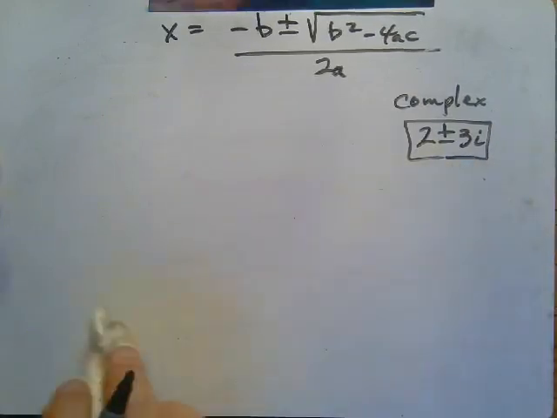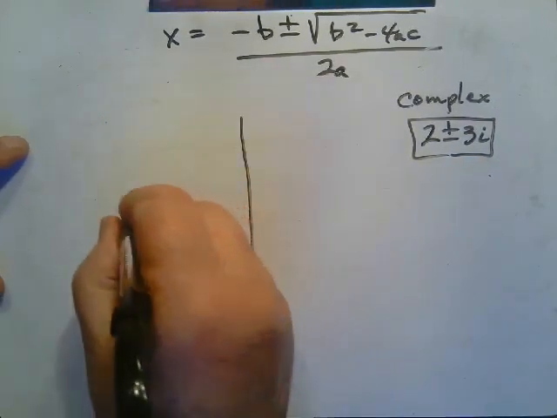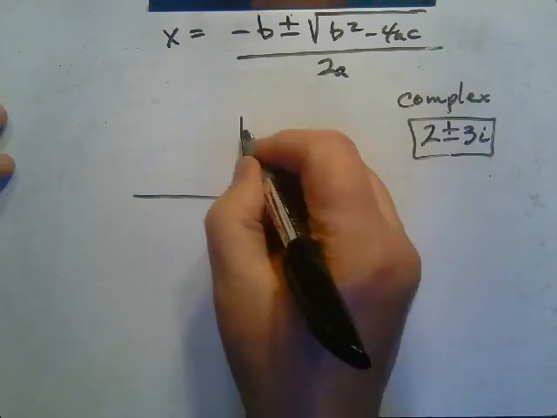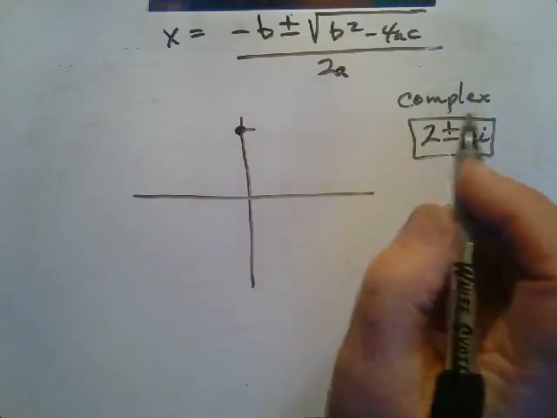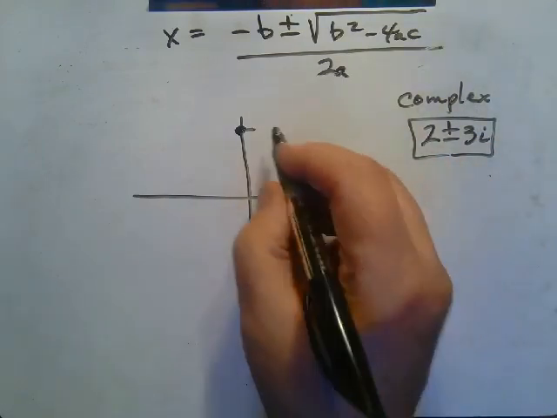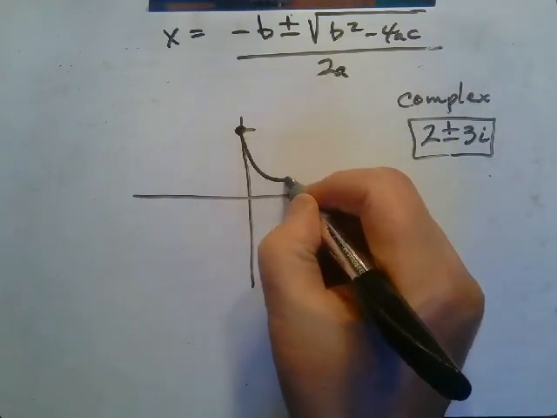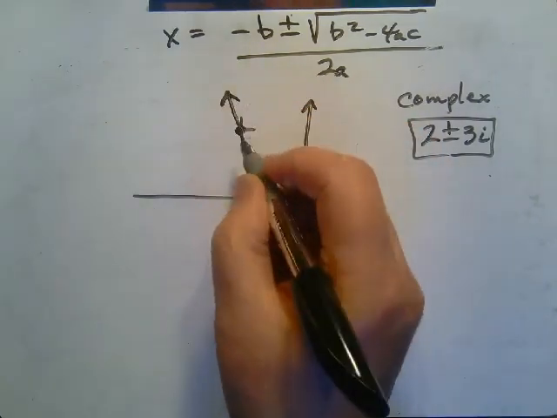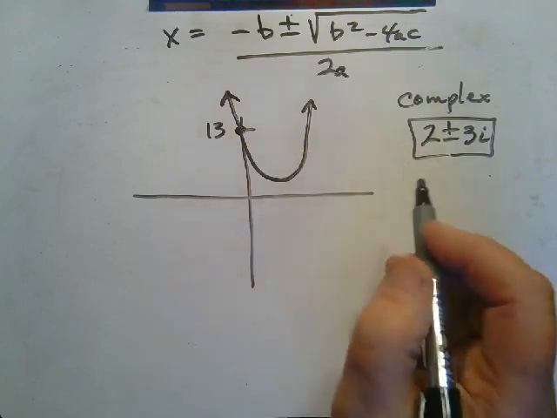is that this graph that we've just made, this one had a y-intercept of 13, and I'm not sure exactly which side it's on, but we know that this parabola opened up because it was positive and it had a y-intercept of 13.